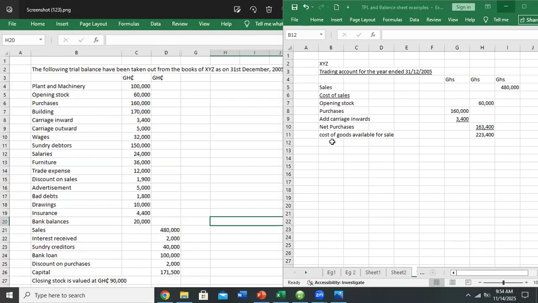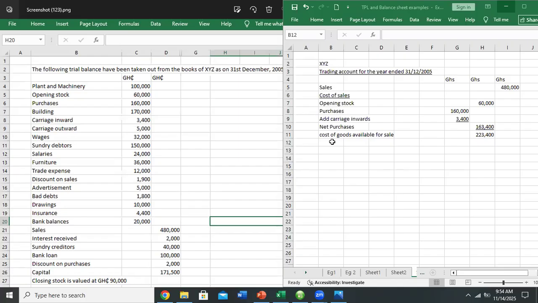But look at carriage outwards. It simply means you are transporting the goods to the customer. What if the customer comes to your shop and buys the goods? Do you incur any carriage outwards expense? No. So carriage outwards is seen as a selling and distribution expense, which appears in the profit and loss account.